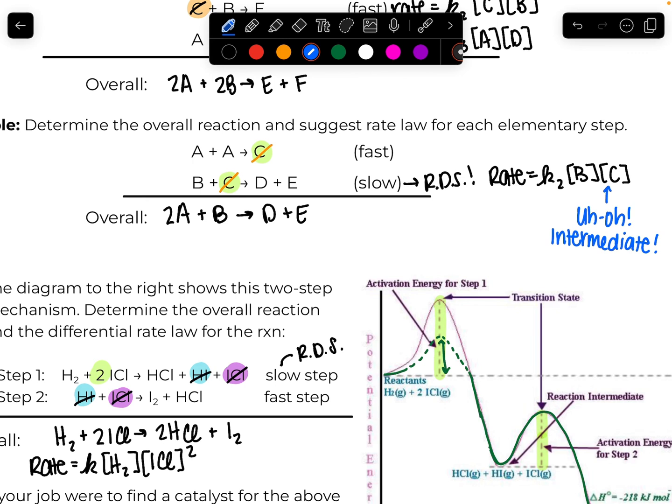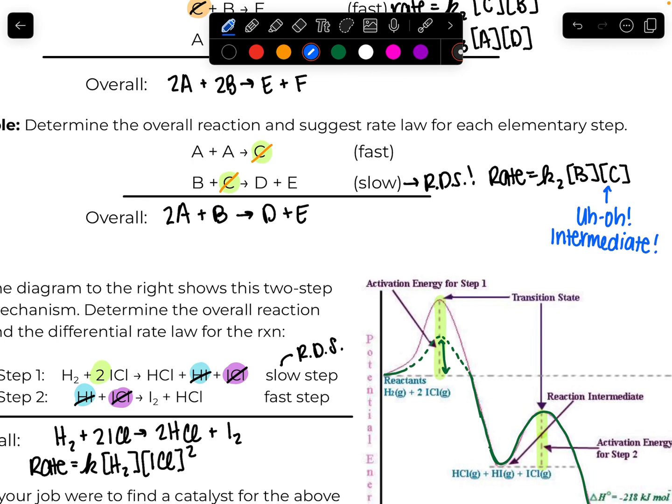Intermediates cannot show up in your rate law because they don't show up in the overall reaction. So you can still write the rate law for this by using substitutions, just like you would in math, right? So is there another way that we can write C?